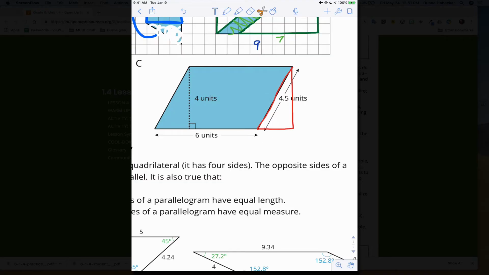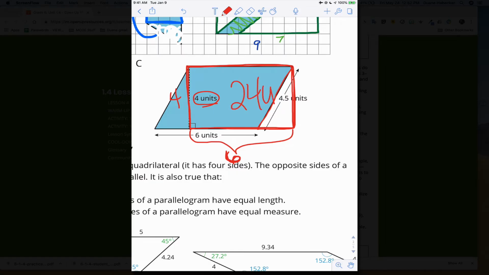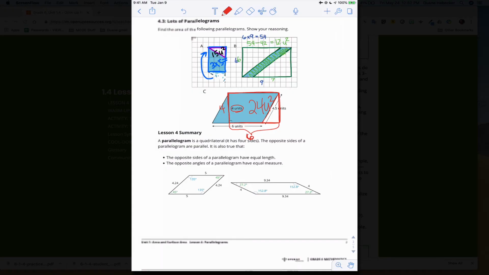It just got shuffled to the right a little bit. And so now we have a nice rectangle. That rectangle has a height of 4 units. The width of that rectangle is still 6 because all we did was slide it to the right. So 4 times 6 is 24 units squared. So there's our common way of getting that area.